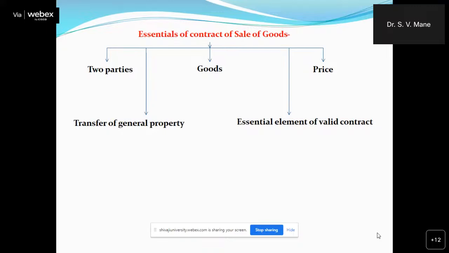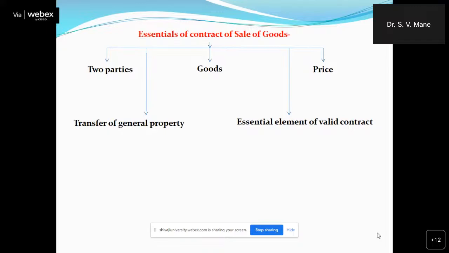With this kind of example we can understand how property is transferred from one person to another. So this is also one of the most important essential elements of the contract of sale of goods. The property should be transferred from one party to another party.